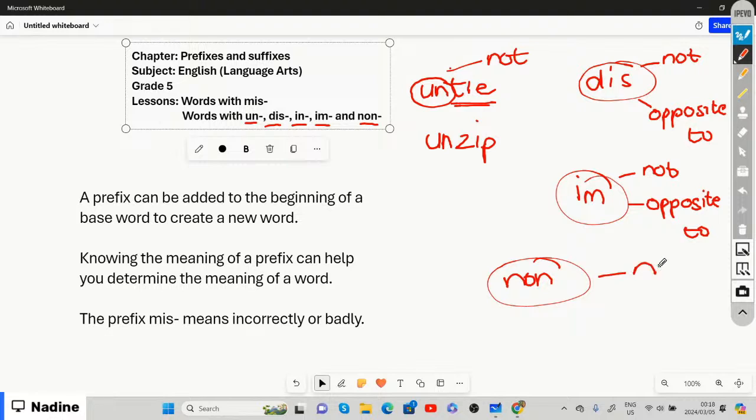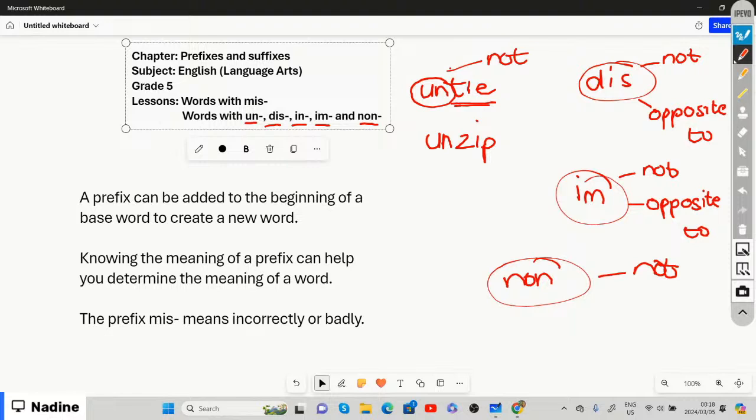And "non" also means not. If we now look at all of these words, or let's say the prefixes of these words, they mean negative. It means it has a negative meaning or connotation to it.